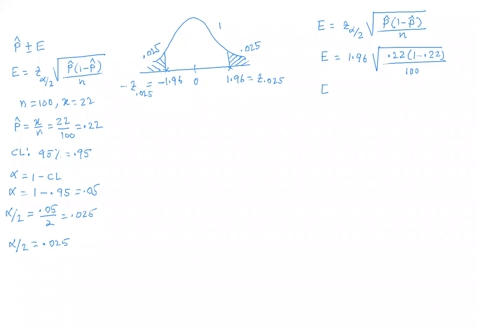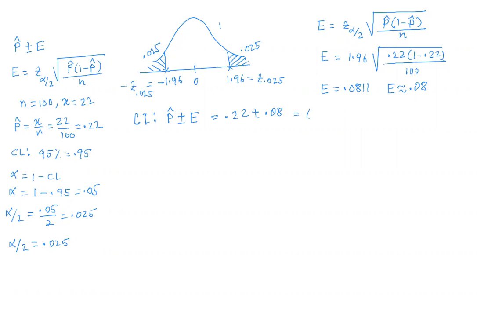So margin of error is 0.0811, and I round it to approximately 0.08. All right. So your confidence interval is going to be p hat plus or minus the margin of error. So p hat is 0.22, plus or minus 0.08.